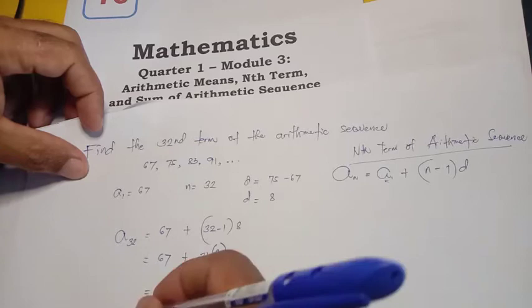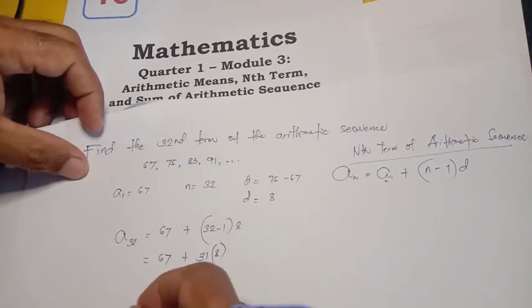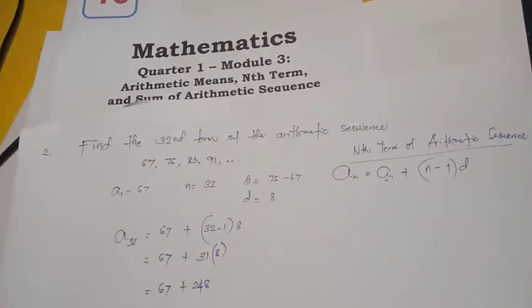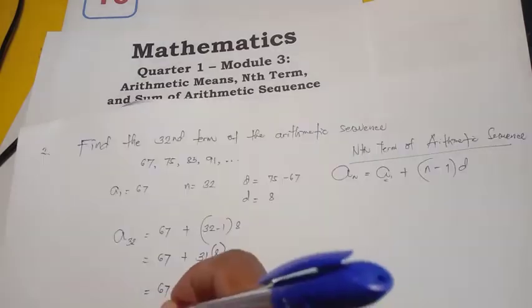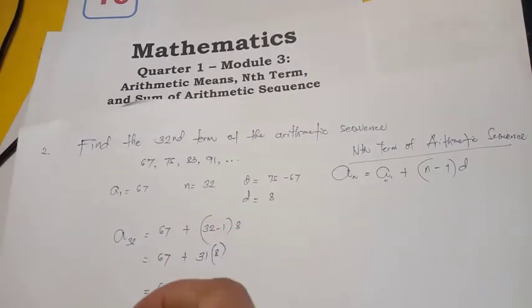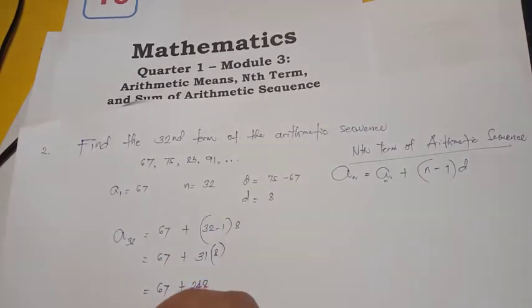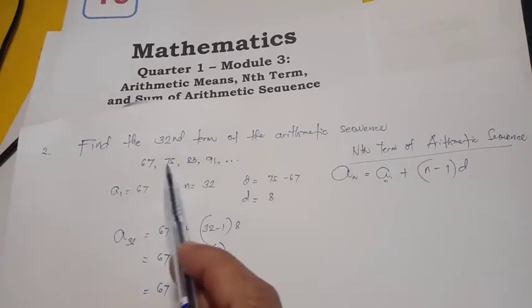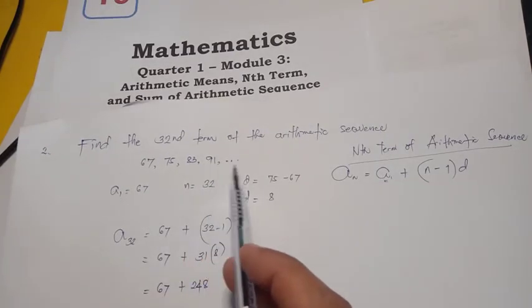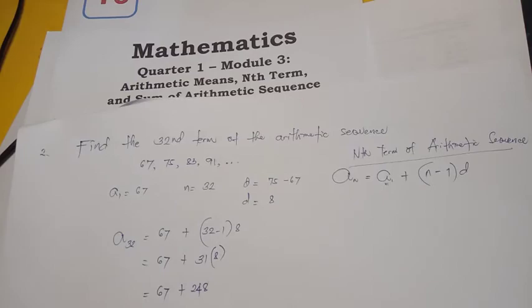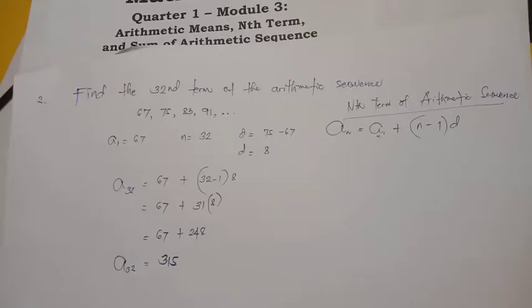Then, a sub 32 is equals to 315. So, the 32nd term of the arithmetic sequence 67, 75, 83, 91, and so on is 315.